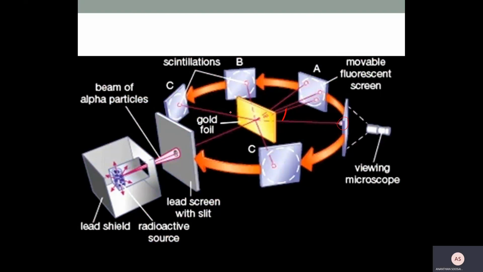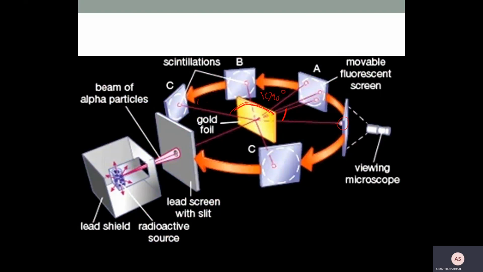For beam C, what is the deflection angle from here to the original direction? This is your deflection angle. So if this deflection angle is more than 90 degrees, about less than 1% were found. So the Thomson model became a failure.